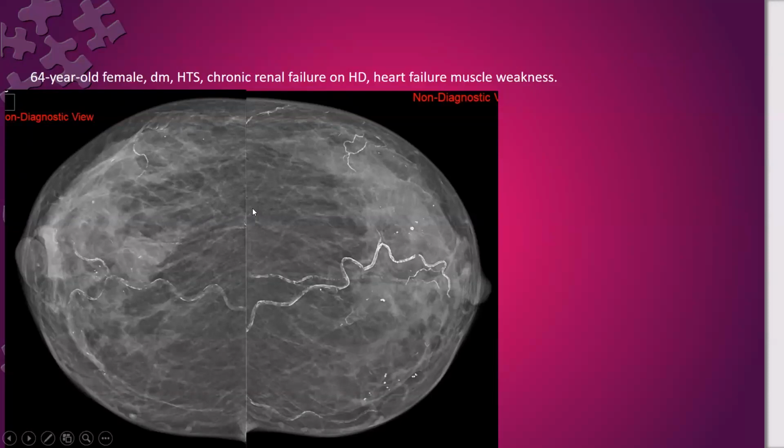Retroareolar density also, at the right breast. Yes, there is asymmetry here. This is asymmetry when you compare the nipple. Look for the skin. Compare the two sides of the skin. Look for the trabecular thickening, bilateral.